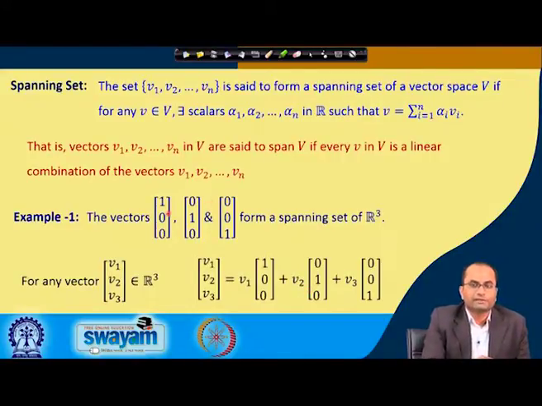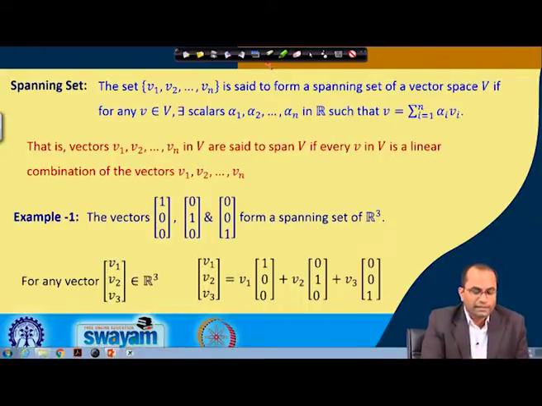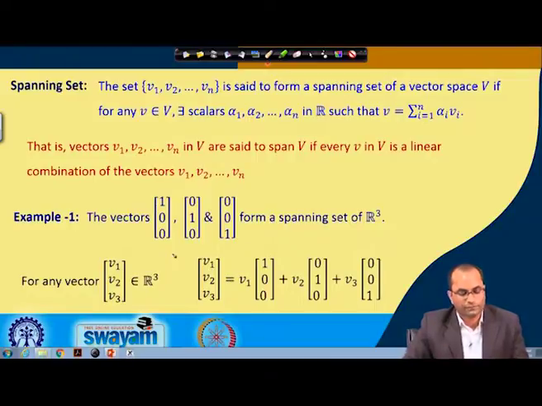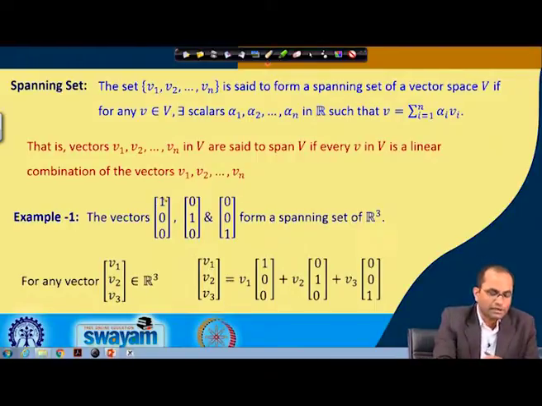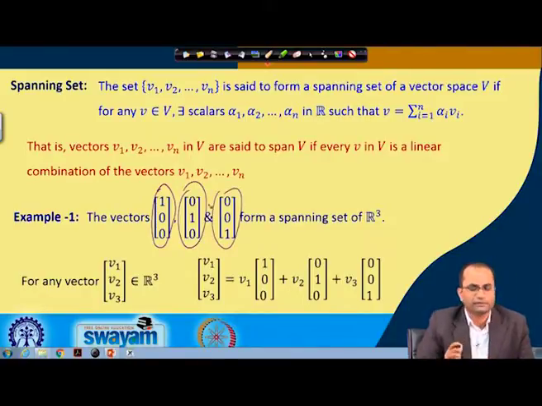And why is this trivial in this case? This is (v1, v2, v3), and later on we will come up with another name for this structure, the standard vectors, or rather standard basis, which we will refer to later.